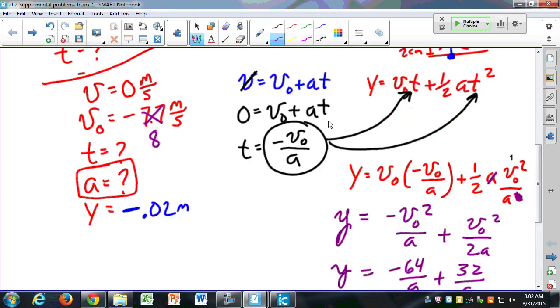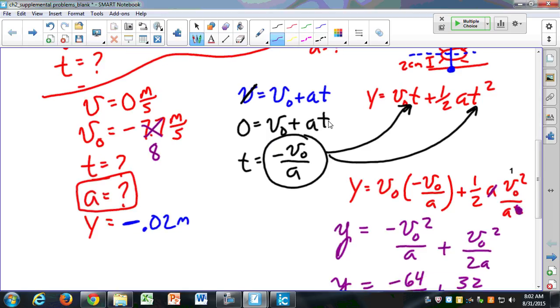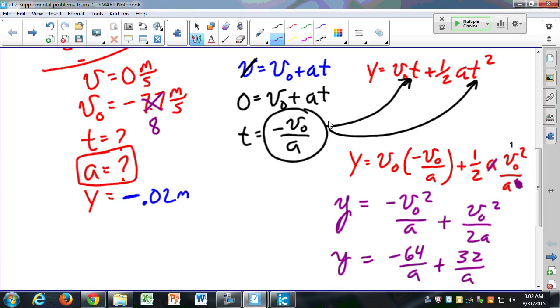You okay with this problem? Yeah, Shane? Right here, I have a negative here, and then I have a negative 8 and another negative 8 here.